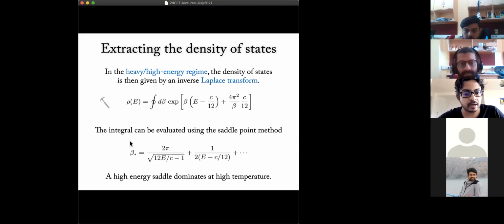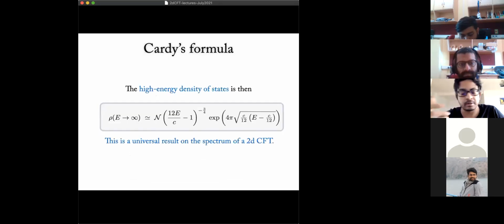So at high temperatures, the dominant saddle unsurprisingly comes from high energies. So beta star goes to 0 as E is large. And thereby you can evaluate the inverse Laplace integral in this form.